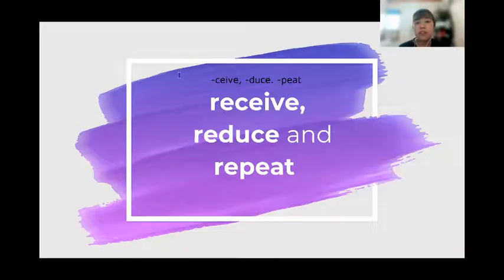They are the base forms, but we cannot say that they are free morphemes because if you use them as they are, nga ceive, duce, kag peat lang, they do not have meaning on their own. So you have to attach them to other bound morphemes in order to have meaning. So hindi ta siya hambalon nga tanan nga base form are free morphemes because there are base forms na bound morphemes sila or they cannot stand alone because they don't hold meaning nga sila lang. So such as your ceive, duce, peat, we have to attach them to another bound morpheme na re in order to hold meaning. Okay.